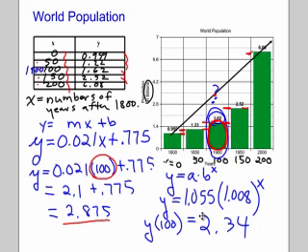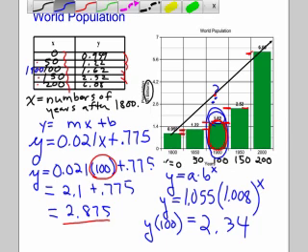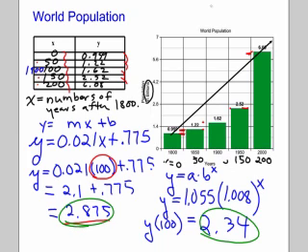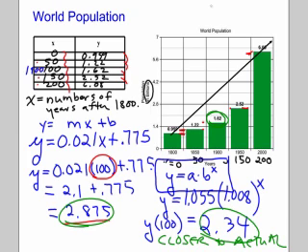It's actually still off fairly significantly, it seems, but it is still closer to the actual value of 1.62. The linear predicted a 2.875 and the exponential predicted a 2.34, and since this one is closer to the actual value of 1.62, we say that this model is a better model for the data, at least for that third point in the data set.